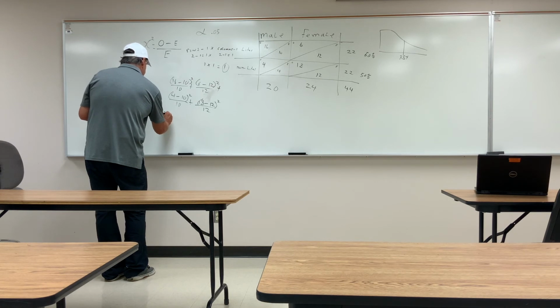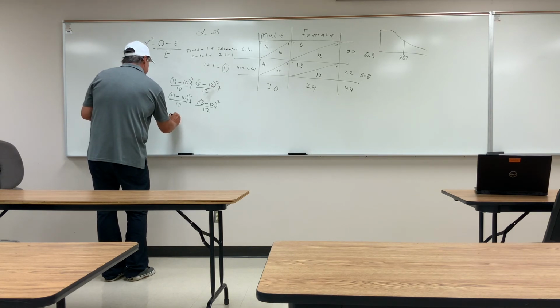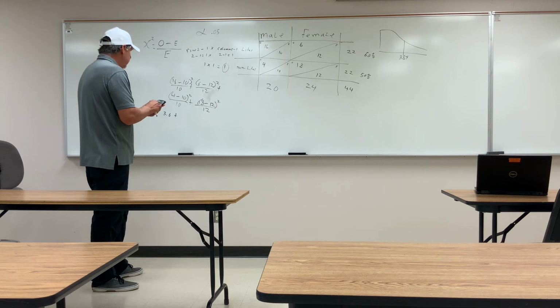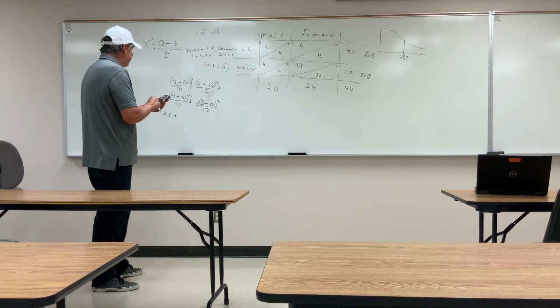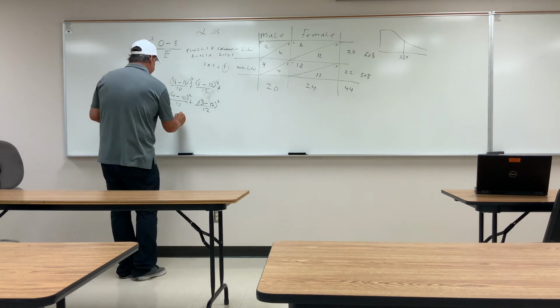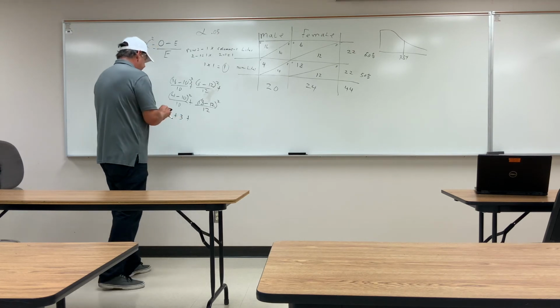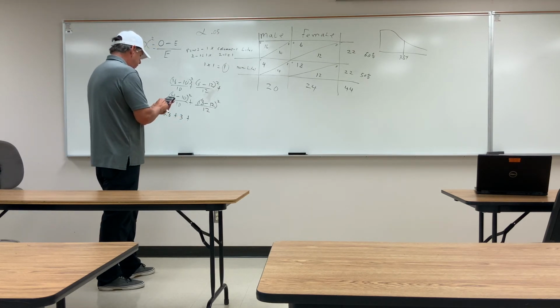So 3.6 plus, and then I'll do this one here. So 6 minus 12 is going to be a negative 6, and I'm going to square that, and that's going to give me 36. And I'm going to divide that by 12. That's going to give me 3. 4 minus 10 is going to give me a negative 6.